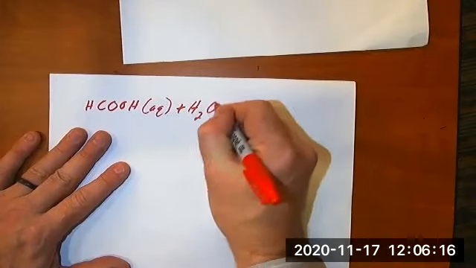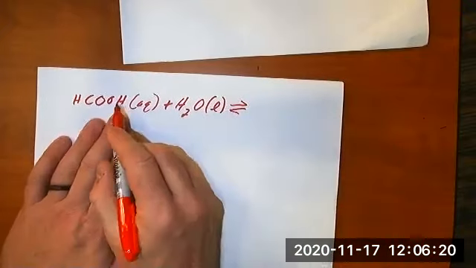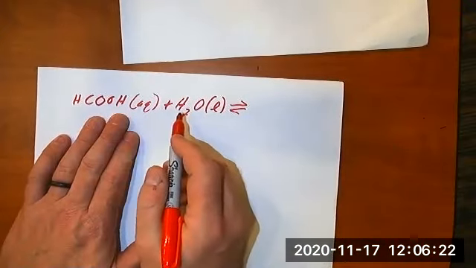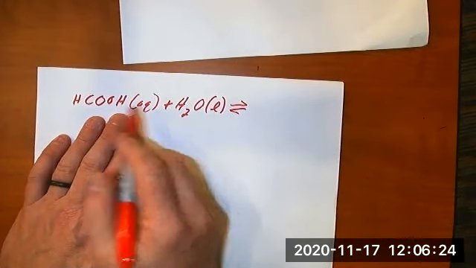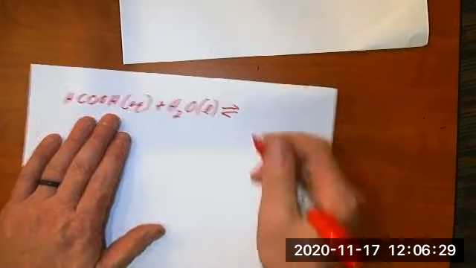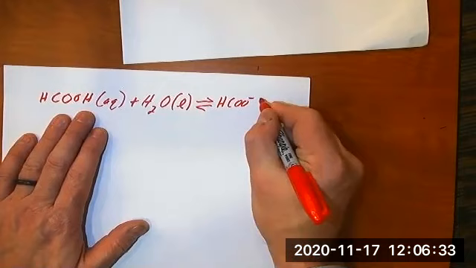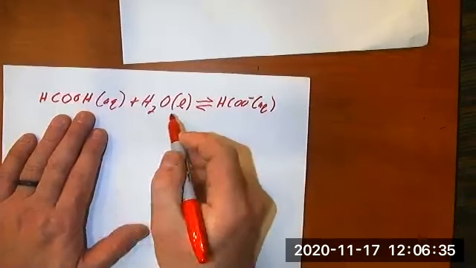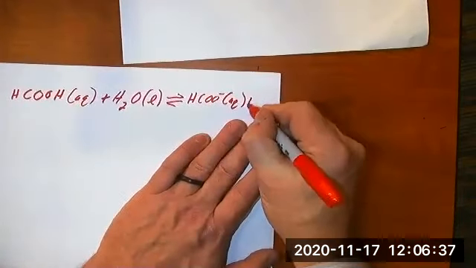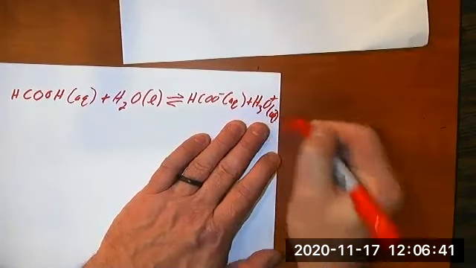By standard acid reaction, I mean that it reacts with water and it is acting as an acid, meaning that it is donating a proton. So you look at this chemical formula and you remove an H+ from it. We are left with HCOO-, aqueous. The water is gaining the proton, so it becomes H3O+, aqueous.